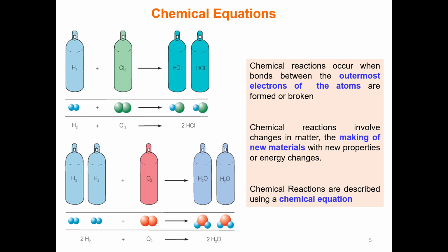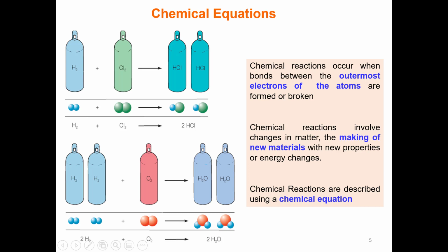Now, how can we describe a chemical reaction? We can describe a chemical reaction using a chemical equation. For example, here we have two different chemical reactions. In this case, we have hydrogen gas. The molecules of this gas react with molecules of chlorine gas.